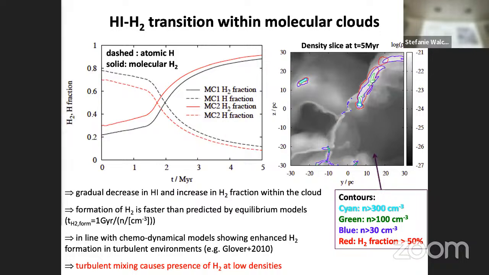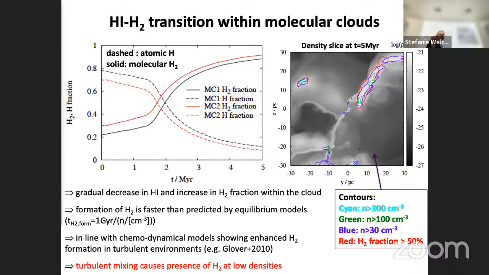This is a paper by Hollenbach, which is quite old, actually, but it holds very well. Say you have a parcel of gas with a given density n, say 1 particle per cubic centimeter; then you could turn all of this gas into molecular gas if you wait 1 gigayear. If you have a number density of 100, you wait 1 gigayear over 100, so 10 megayears.